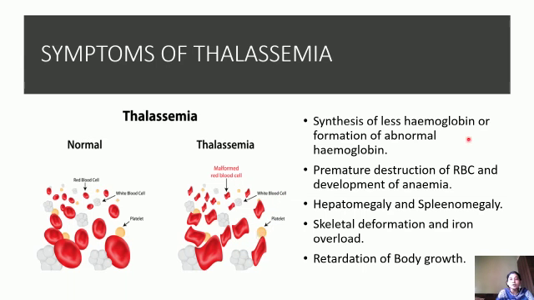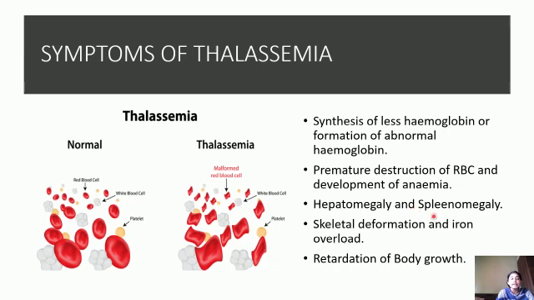Synthesis of less hemoglobin or formation of abnormal hemoglobin. Why? Because the mutation occurs in the globin chain of hemoglobin, and that can lead to less hemoglobin and abnormal hemoglobin. This will lead to fewer RBCs in the body. There is premature destruction of RBC, so the RBC gets destroyed before time, and so there is development of anemia.